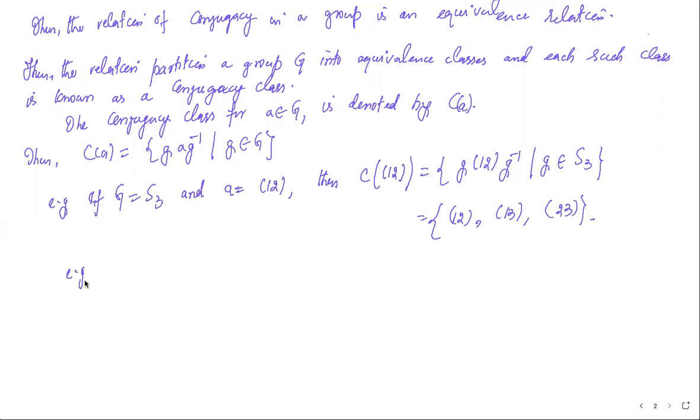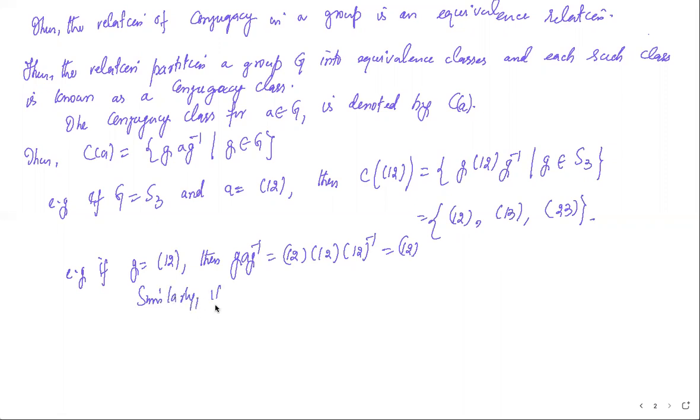For example, if g is chosen to be (1 2), then g inverse is equal to (1 2), and (1 2)(1 2)(1 2) inverse is equal to (1 2). Similarly, if g is the identity element of S3, then again we get (1 2).